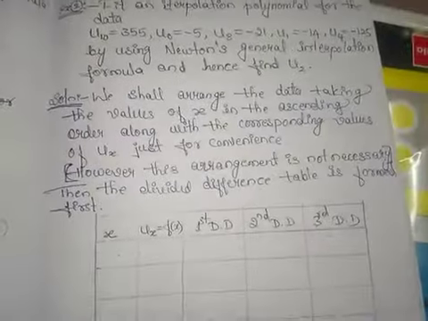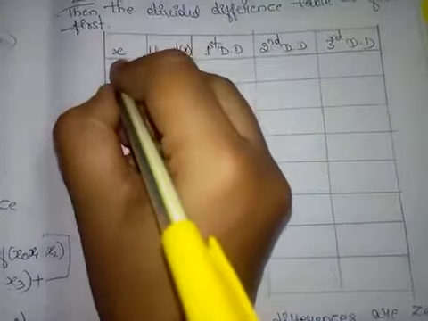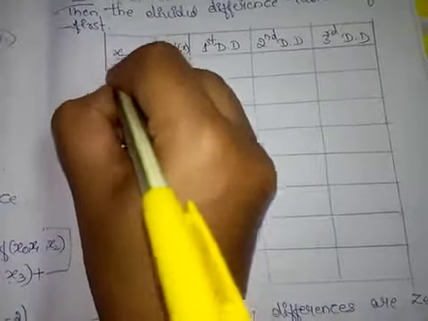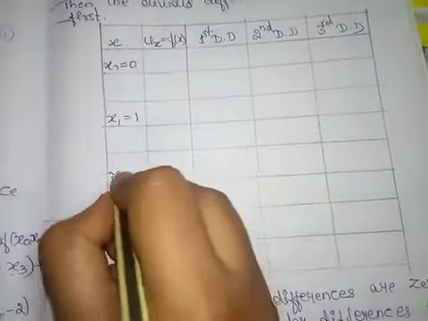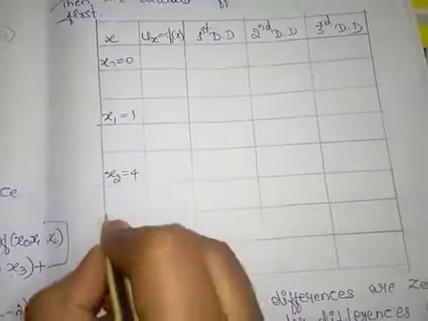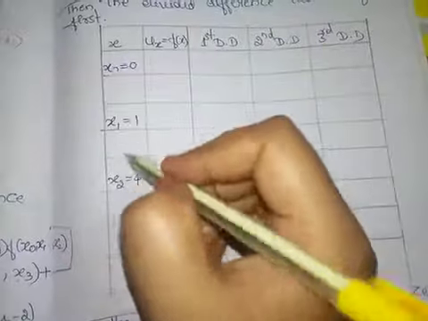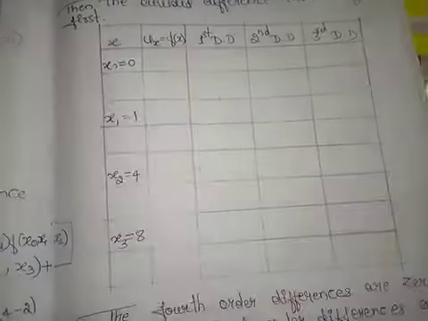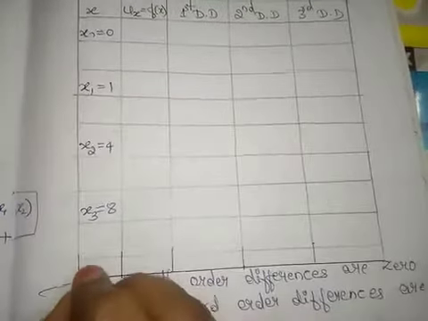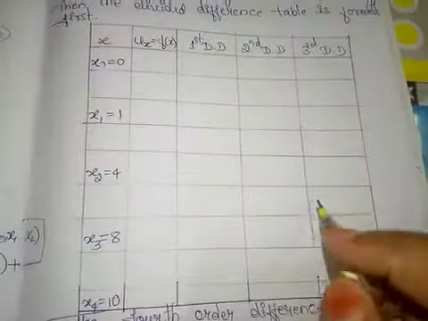Then our difference table will be of the form: values of x are x0 is equal to 0, x1 is equal to 1, x2 is equal to 4, x3 is equal to 8, x4 is equal to 10. These are the values of x in ascending order.